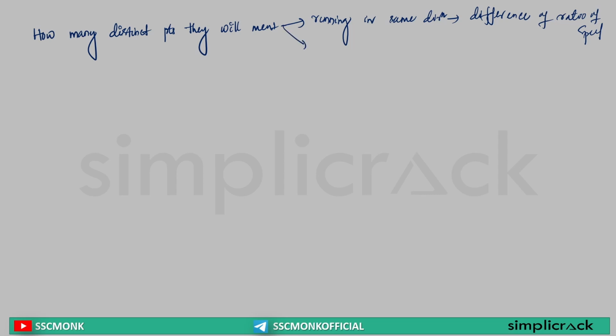If they are running in opposite direction, then it will be the sum of the ratio of speed.